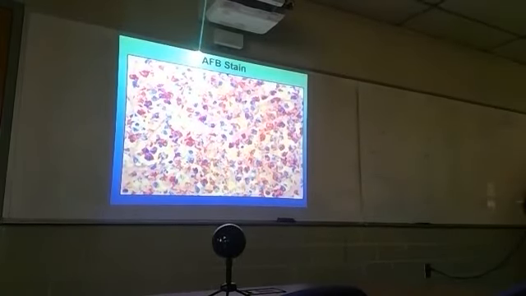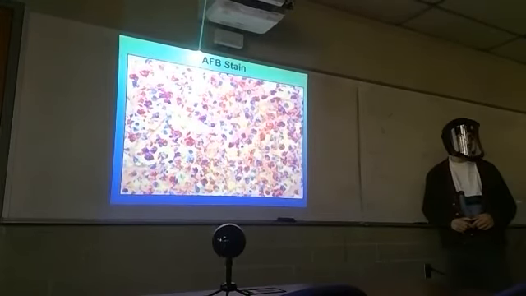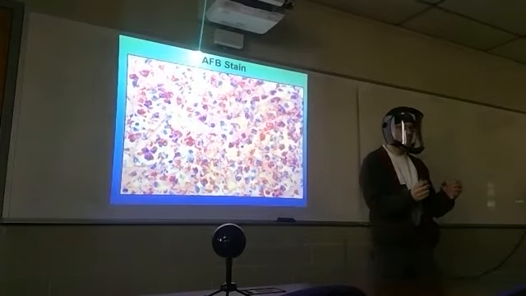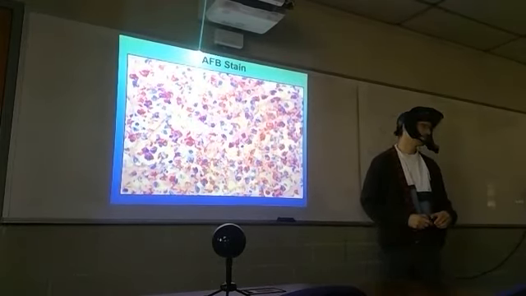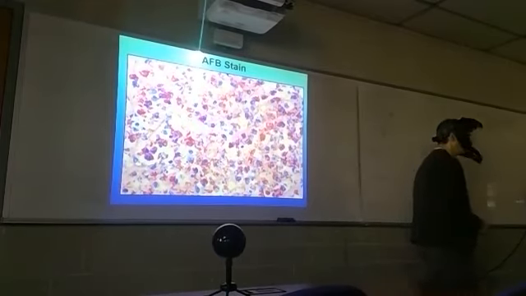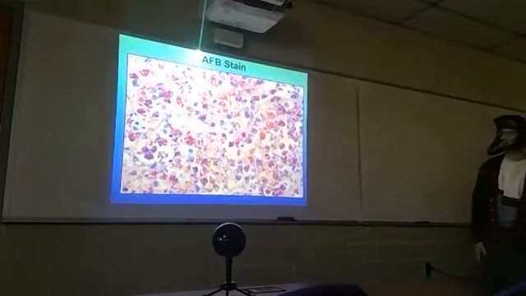These fats in the wall are called mycolic acids. And these mycolic acids bind this red dye, carbol-fuchsin, very tightly, such that once the organism dyes with this red pigment, you can't wash out the pigment. You can't decolorize the organism.